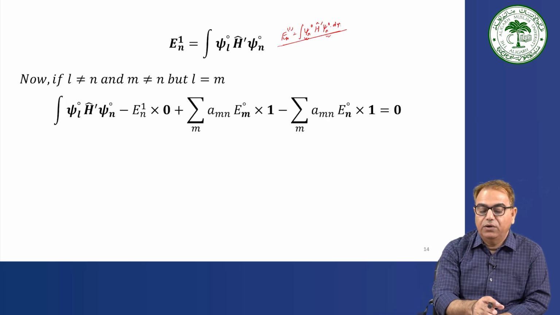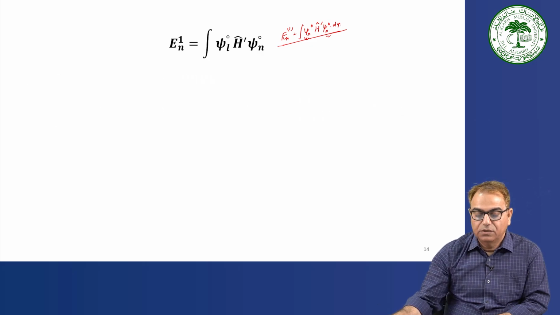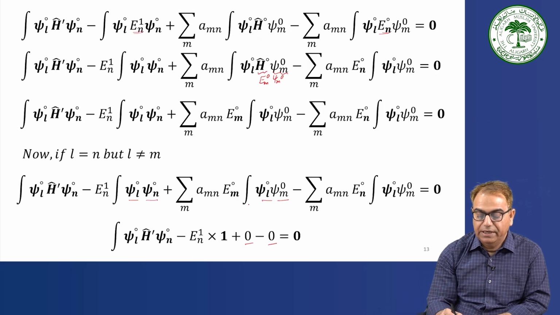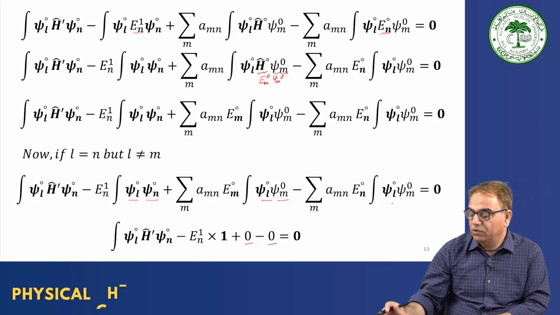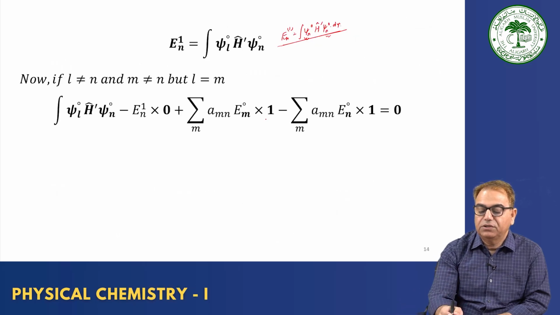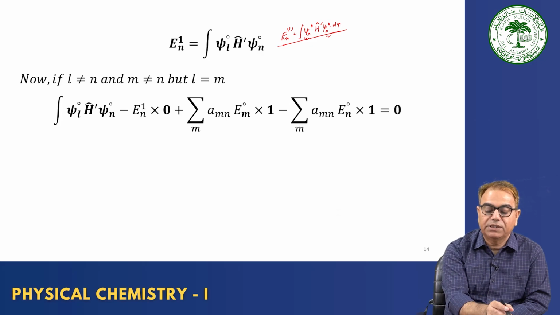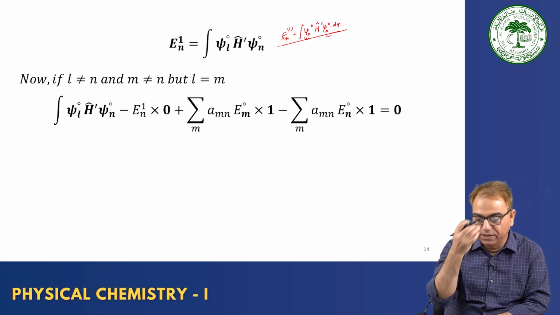Now M is not equal to N, but L and M are equal. So in the second condition you have L and M equal, so it will be the normalization condition, equal to 1. This will also be equal to 1, L and M being equal. So the reverse has taken place now in this condition. Originally this was 1 in the first case and these two were 0. Now this is 0, and these two integrals are 1.